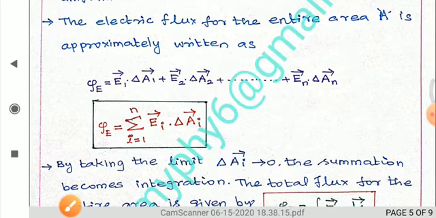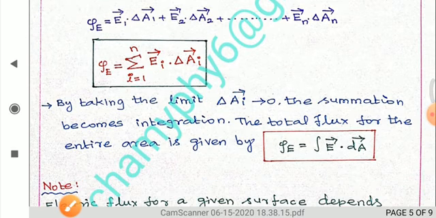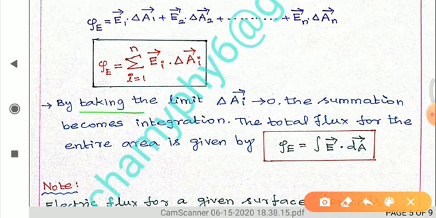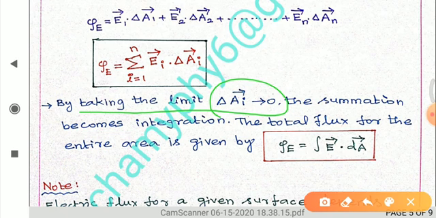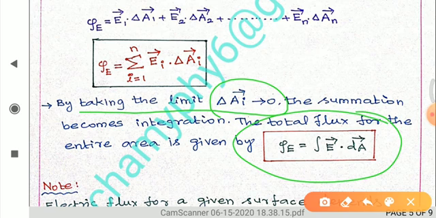By taking the limit del Ai tends to 0, the summation becomes an integration. By integrating this, the total flux is given by the formula ΦE is equal to integral E dot dA.